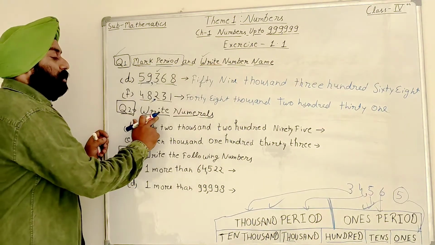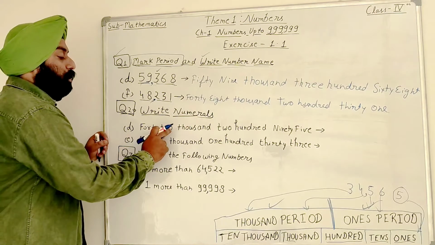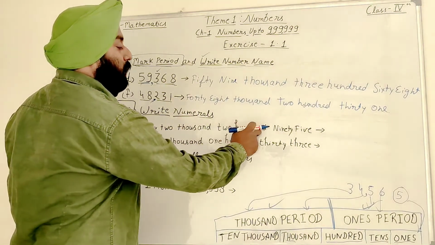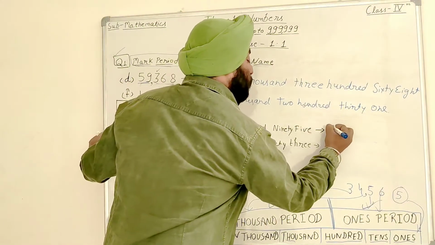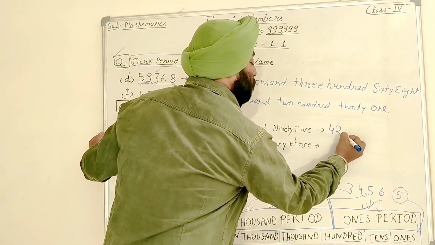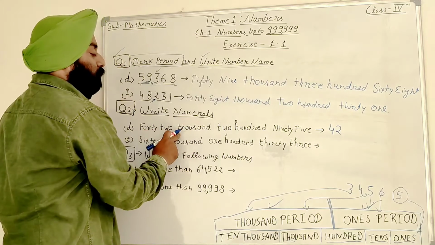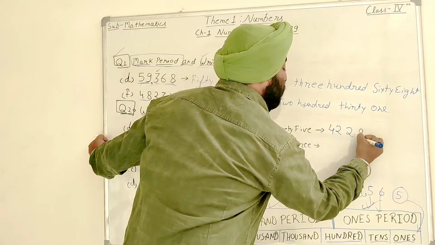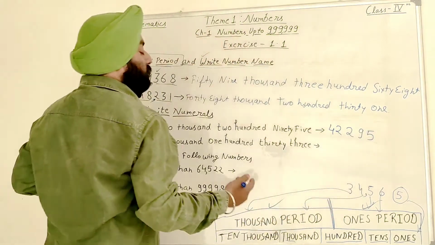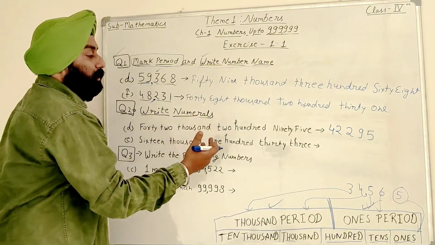The second question is write numerals. 42,295: 42,000 and 295. We just wrote down what we said.